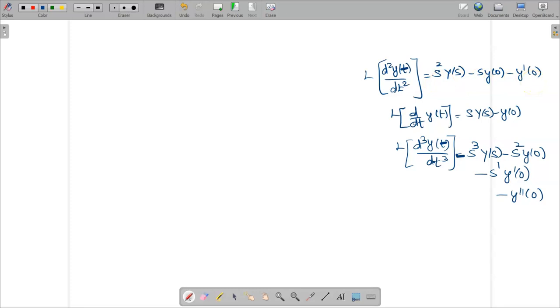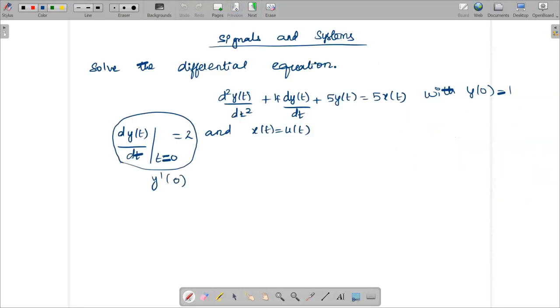So in the question they have given this equation. For d square y of t by dt square you can apply the formula. Similarly, for dy of t by dt you can apply the formula as what I have given.